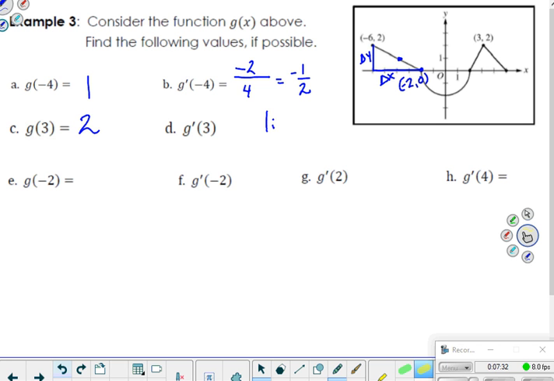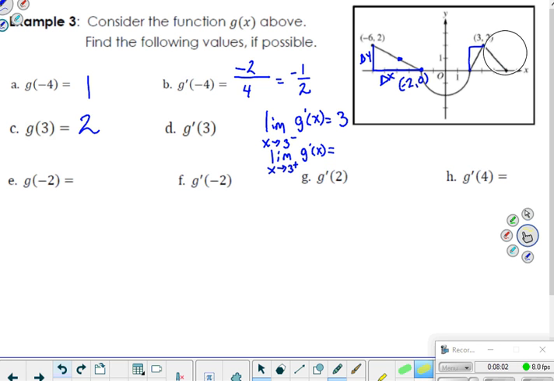The limit coming in from the left of 3 for g prime would be this positive slope. Looks like it goes up 3 over 1, which is 3. The limit as x comes into 3 from the right of g prime of x is going downward, isn't it?